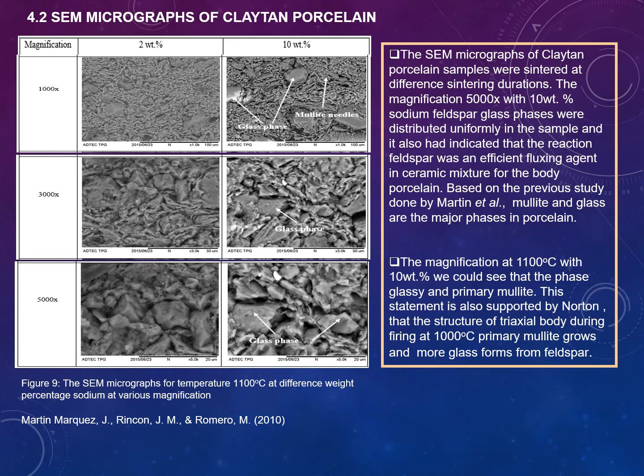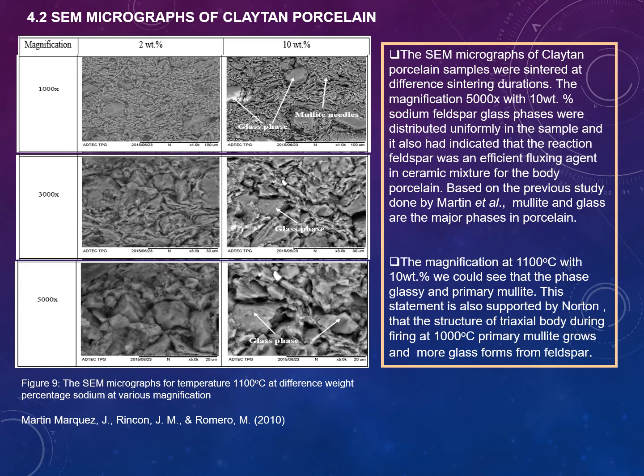From the result, at magnification 5000 with 10 weight percent sodium feldspar, the glass phase is distributed uniformly in the sample, and it also indicates that the feldspar ratio was an effective fluxing agent in the ceramic mixture for the porcelain body.